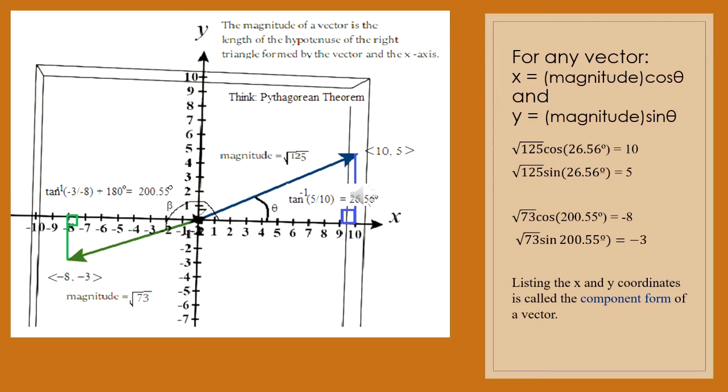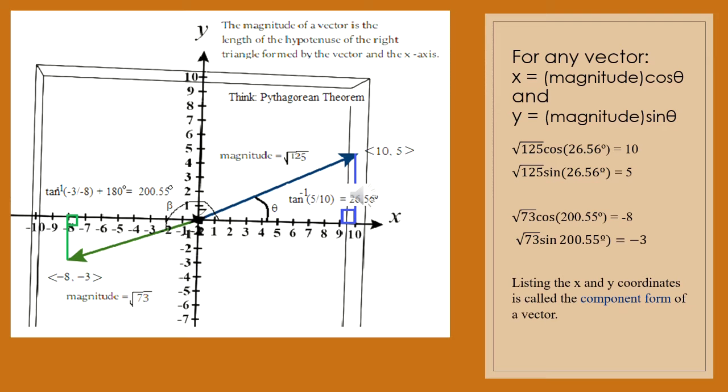Or you could have a diagram in which they use the most convenient angle, the one that is closest to the nearest axis. So always look at your diagram to double check what angle you're really referring to. But if there isn't a diagram and they just state an angle, assume that it is measured from the positive x-axis counterclockwise. So we have two examples here.